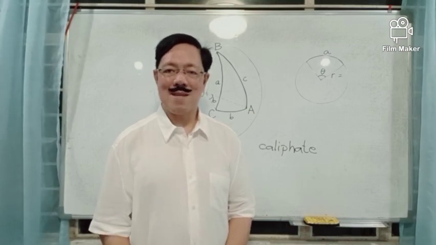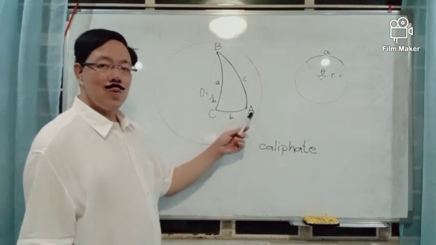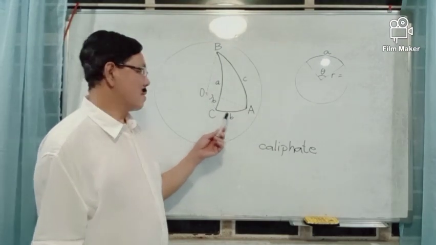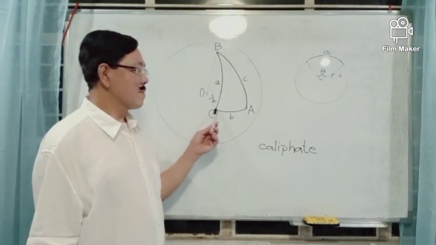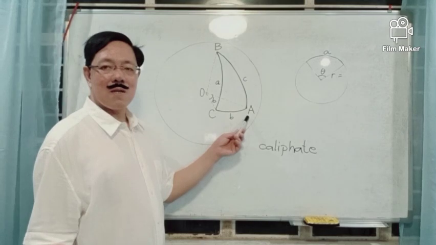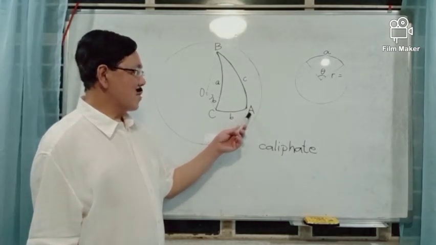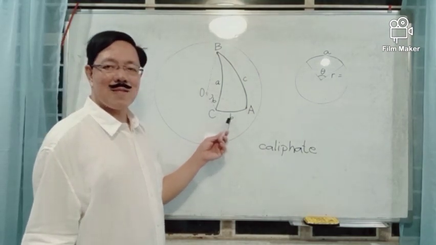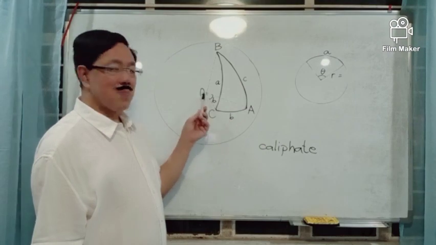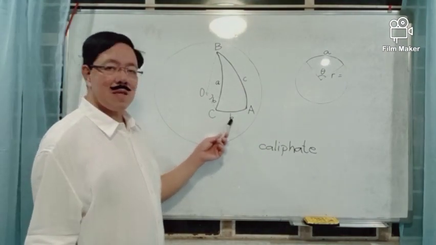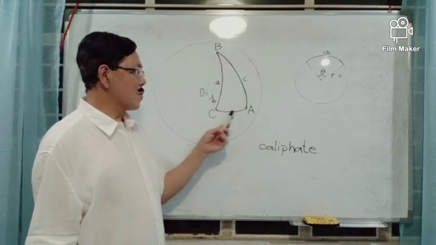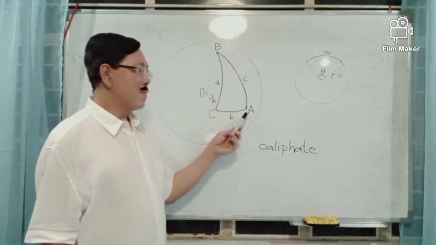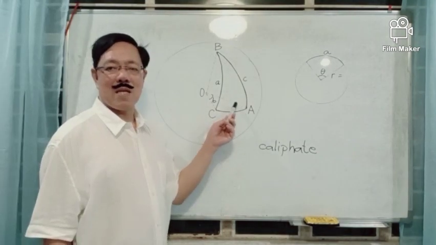These two places are represented by two points on the surface of the sphere, such as point A and point C. From this diagram, you can see that the distance between points A and C is the length of this side of the spherical triangle. And the length of this side is actually the length of this arc through the points A and C, or the length of the arc through the vertices A and C of the spherical triangle.